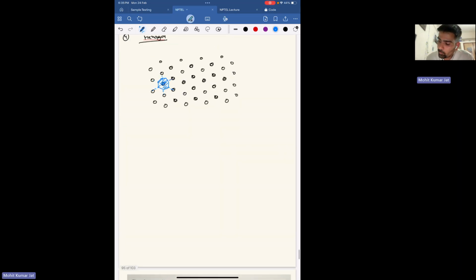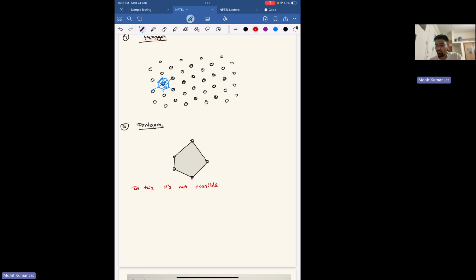Now the pentagon, option number 3. The lattice is like this. So this is the pentagon lattice. In this, it is not possible to choose because the nearest neighbor distance is not constant.